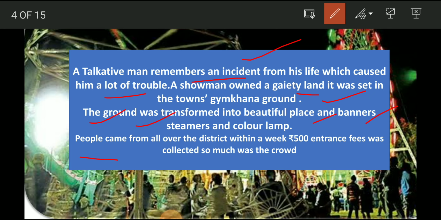Just imagine, in just one week, 500 rupees was collected only as entrance fees. Nowadays 500 rupees is nothing, but in those days it was a lot of money. One can imagine what kind of crowd came to Gaiety land.